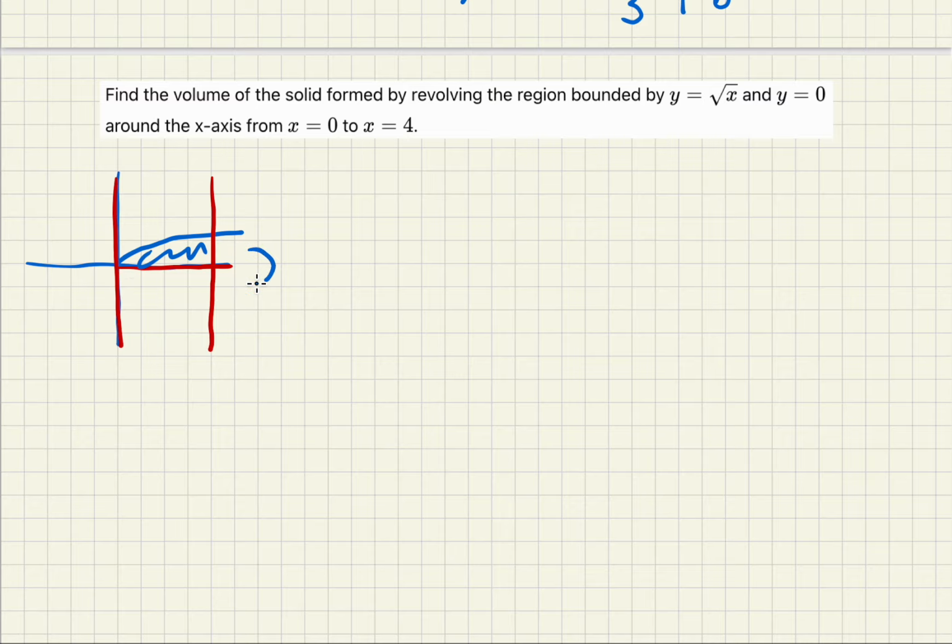So we'll revolve this way. And so we get a figure somewhat like this. Right? And this is a 3D figure, so I'll give it some depth.